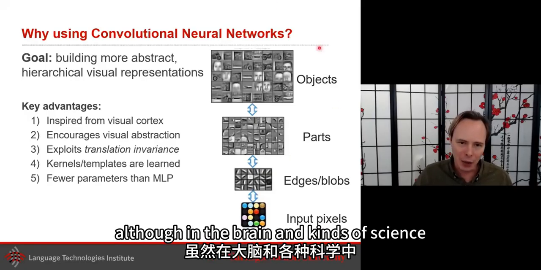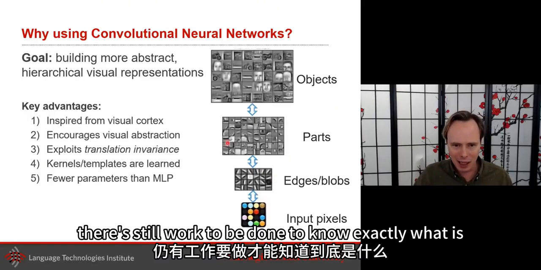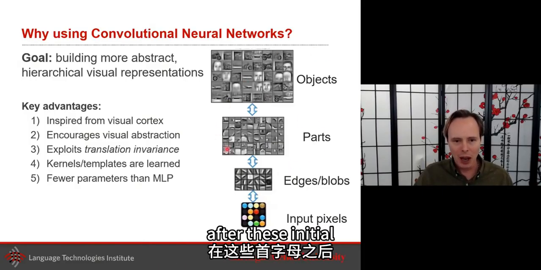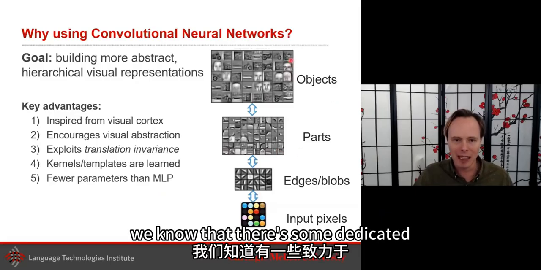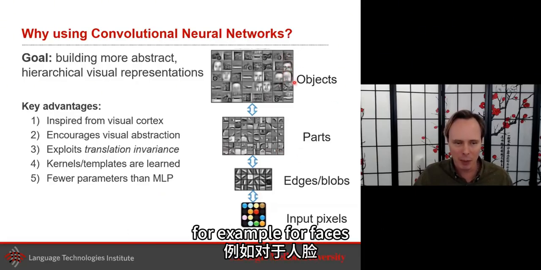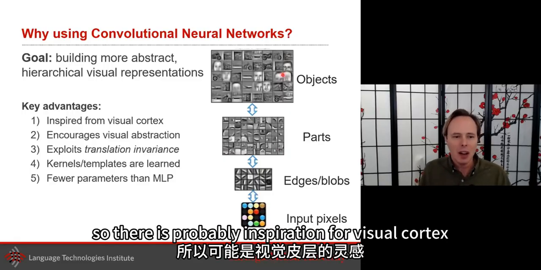And then after that, although in the brain and cognitive science there's still work to be done to know exactly what is after these initial ones, we know that there's some dedicated ones for certain objects, for example, for faces. So there is probably an inspiration from visual cortex.